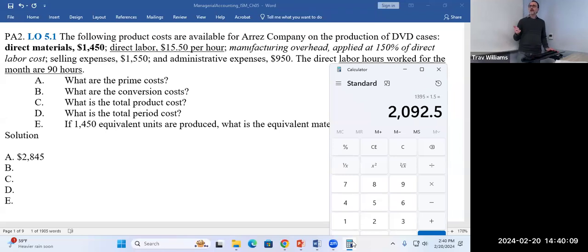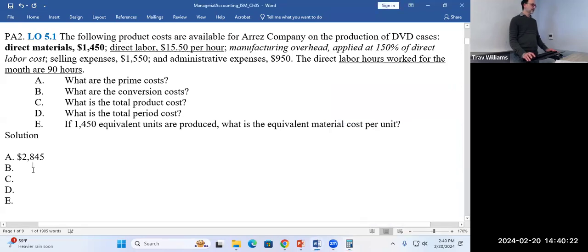That gives us our overhead costs, which we could then just add to the direct labor to get our total conversion costs, $3,487.50. And I know what some of you are thinking. We could have just multiplied the labor costs by 2.5 and gotten the conversion costs. That would have worked in this case. Did I get the right number there?